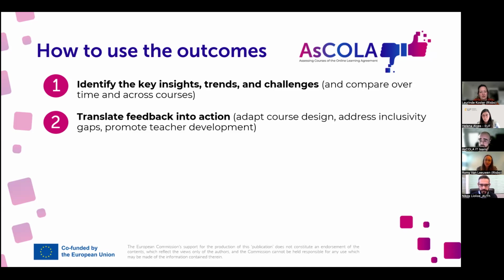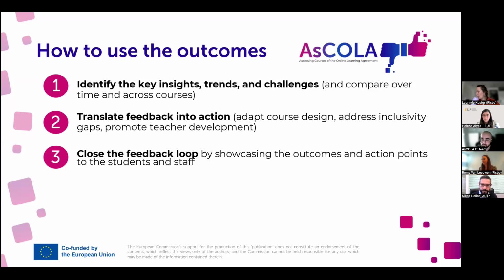You can use the feedback to adapt the course design, like the content, the teaching methods, and the resources, based on feedback on difficulty levels or relevance. But you can also, and very importantly, address inclusivity gaps based on feedback on cultural challenges. And next to that, you can use the outcomes to adapt training or support of teachers.